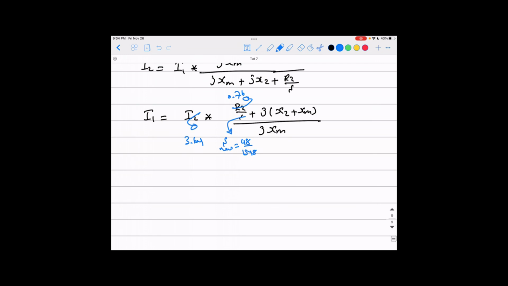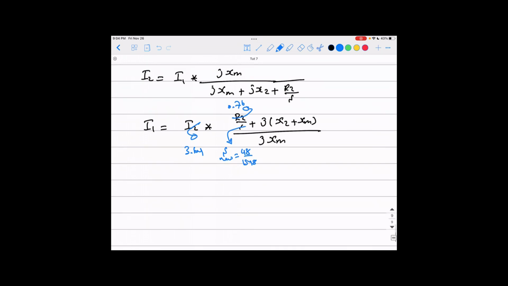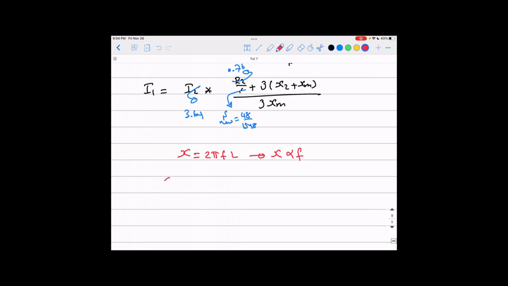No. The X's given at the beginning are at the rated frequency, as stated in the problem. Should they be different here? Yes, because you're working at a different frequency. Keep in mind that any X is basically 2 pi f L, so X is directly related to the frequency. If the frequency changes, X changes. That means X2 new is X2 old multiplied by f new over f old.